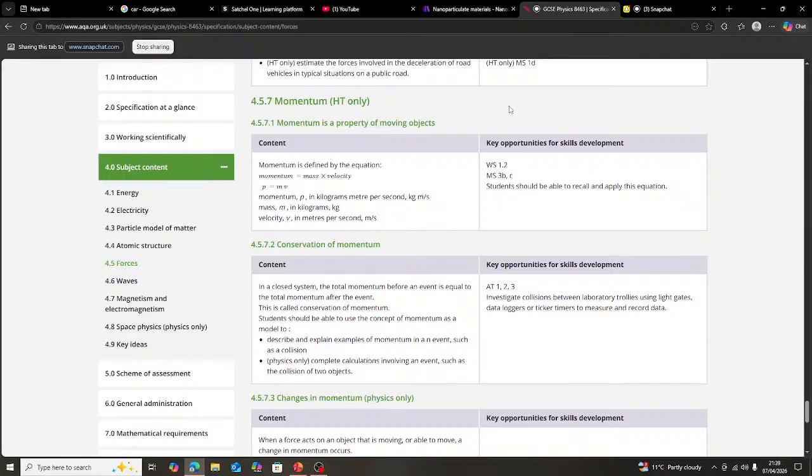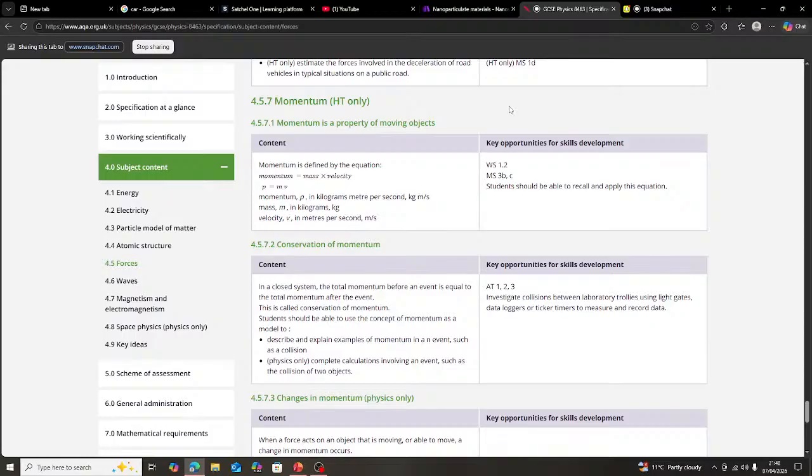All right, let's use that as an example. He kicks the ball. His momentum before kicking the ball, let's say it was 50.